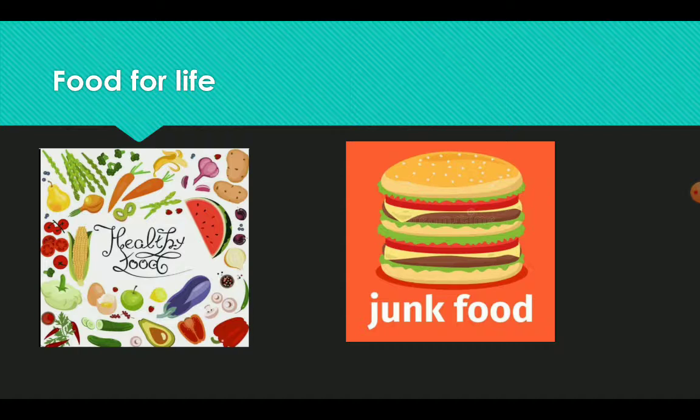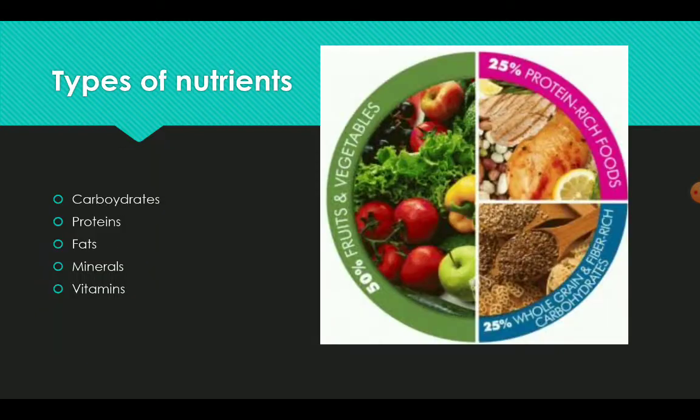So if we eat healthy food, we will stay healthy, active, and our growth and preparation of the muscles will continue. While if we eat junk food, it will decrease some of the nutrients that our body needs to function properly. Now, what does food provide us with?